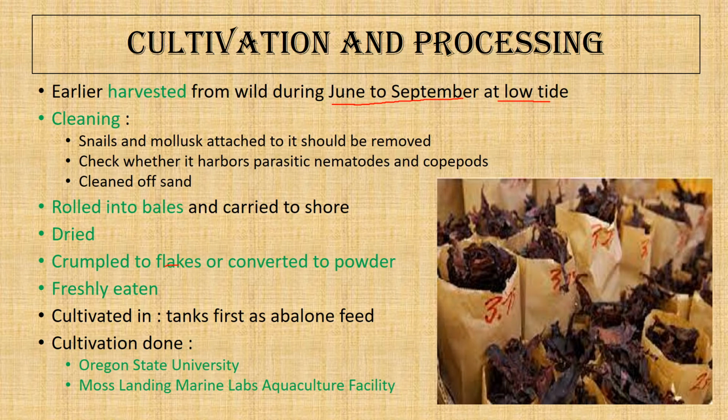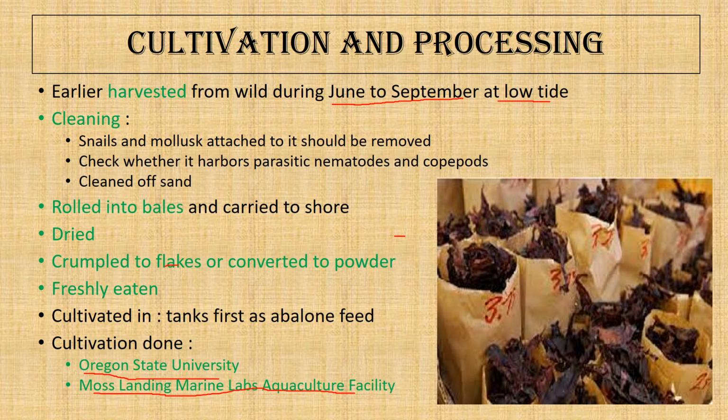So this northern region, very cold temperature region, has this dulse, but now it is also grown indoors and cultivated. Artificial cultivation was started at Oregon State University as well as the Moss Landing Marine Lab Aquaculture Facility.